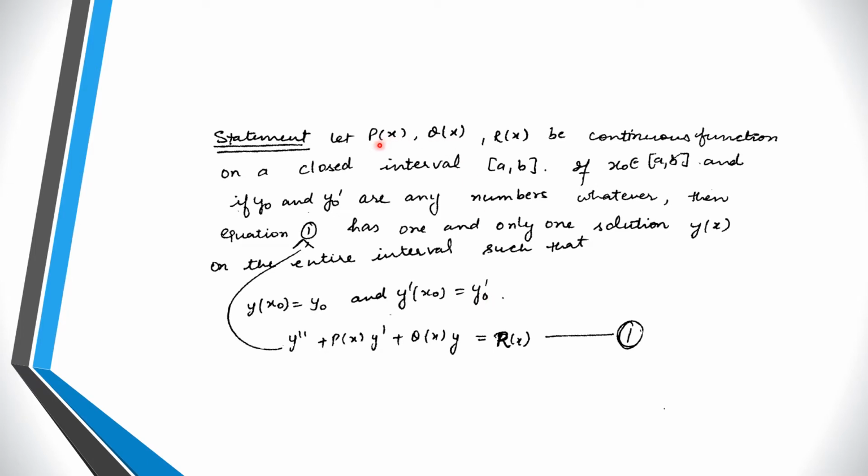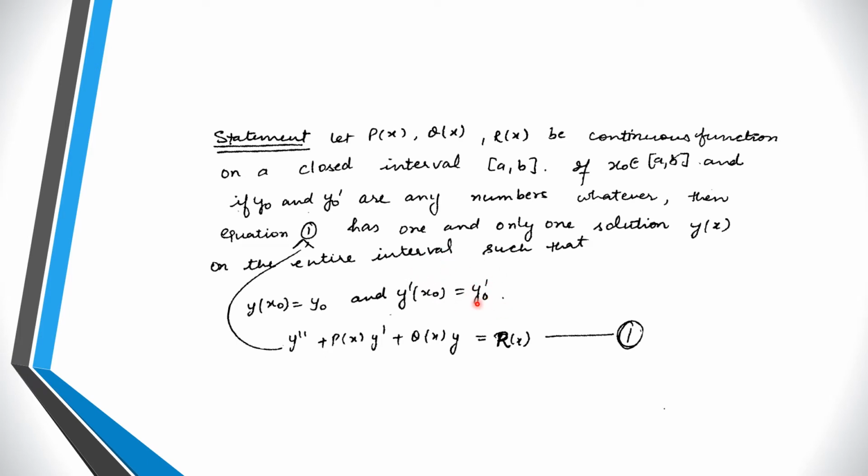What this theorem says is, whenever P(x), Q(x) and R(x) are continuous functions defined on the closed interval [a, b], then corresponding to each x0, the solution has a unique value y0 and the first derivative has the value y0 dash.